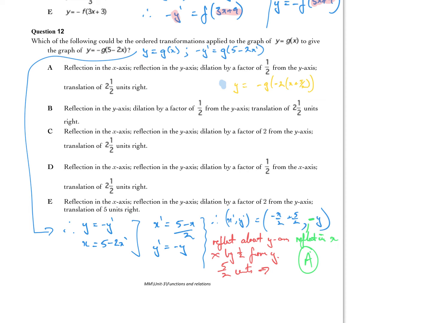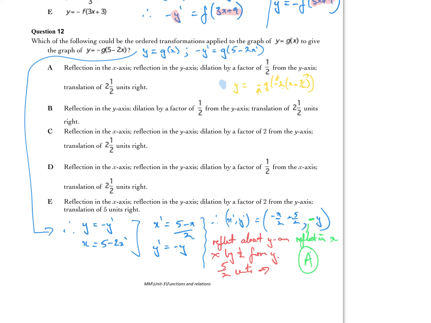Is that right? -2x. No, it must be a minus there in between. So that's a minus. So we have a reflection, 5 on 2 units to the right, and that 2 there inside the function is a dilation by a half, isn't it, from the y-axis.